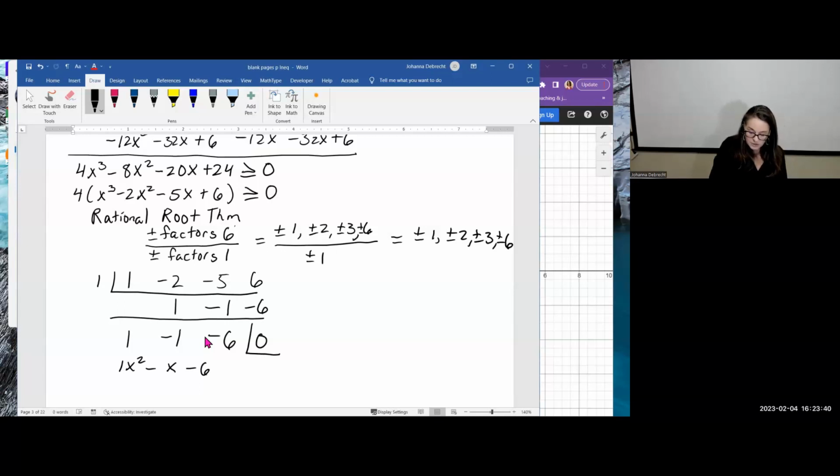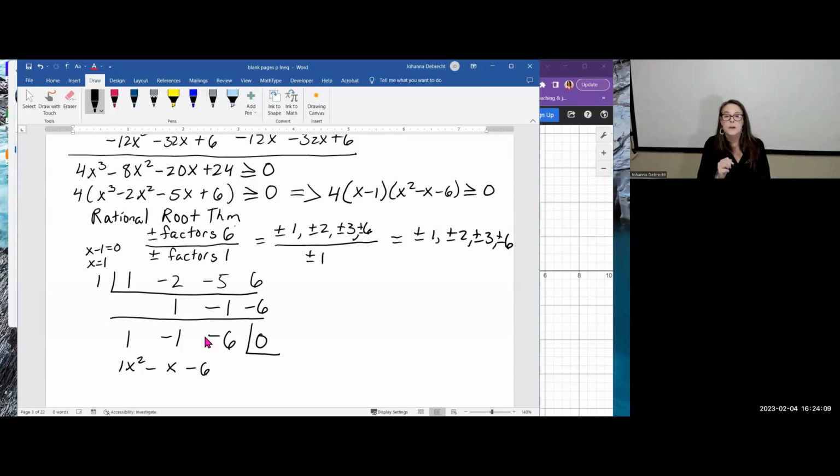Now we want to factor this. So what we've done is we've taken this one up here and we've rewritten as 4 times. Well, now what's the factor that goes with the solution x = 1? If you back it up, you get x minus 1 = 0. So we have x minus 1 times x squared minus x minus 6, and we want this to be greater than or equal to 0.